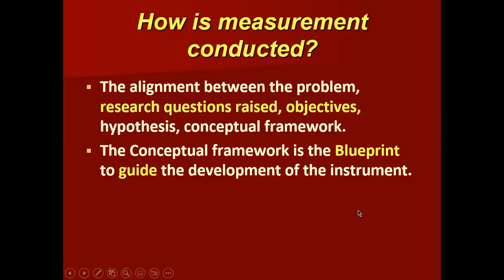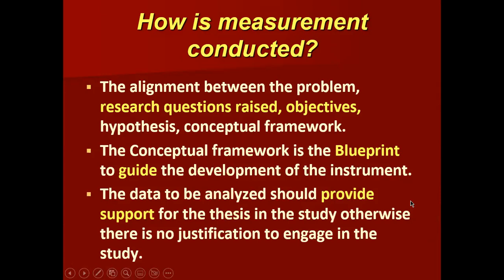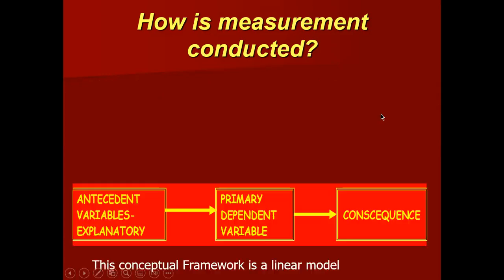So if there is poor alignment, the instrument is poorly developed, and the data that you're collecting will turn out not to support your research hypothesis. Now, the data to be analyzed should provide support for the thesis in the study. Otherwise, there is no justification to engage in the study at all.